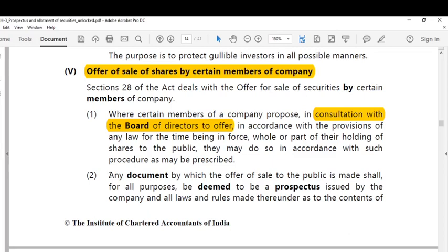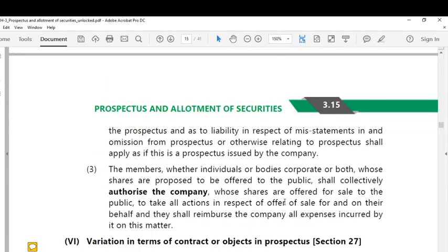So in such a case, if any document is being issued by the company to offer the securities to the general public, then that is deemed to be a prospectus. So whenever a company issues any document to sell the shares of members of the company, that also will be considered as a deemed prospectus. So in such a case, the members, whether individuals or body corporates or both, whose shares are proposed to be offered to the public, shall collectively authorize the company.